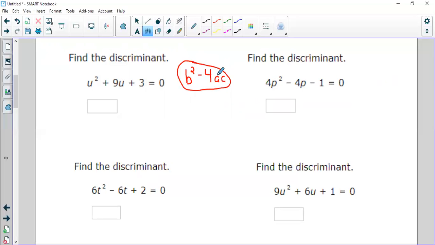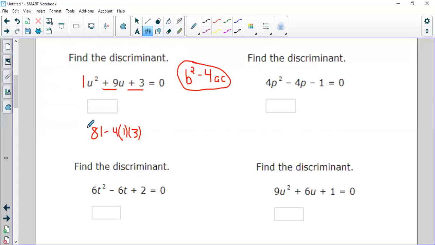B squared minus 4ac. So in this first equation, a is 1, b is positive 9, c is positive 3. So b squared is 9 squared, which is 81, minus 4 times 1, because that's a, and then c is 3.